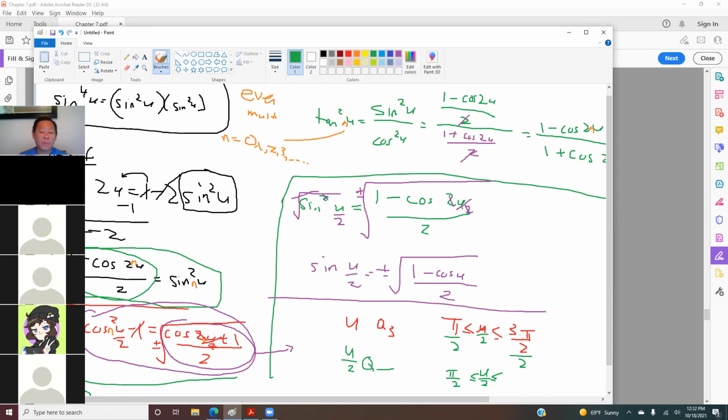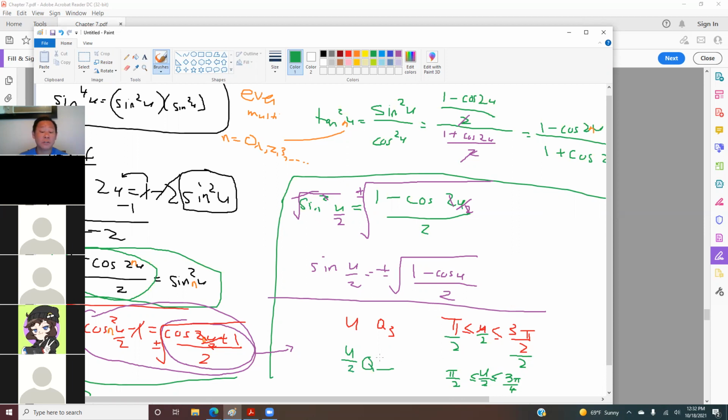Can someone tell me what 3 pi over 2 over 2 is? It's 3 pi over 4. And what quadrant is it between, between pi over 2 and 3 pi over 4?